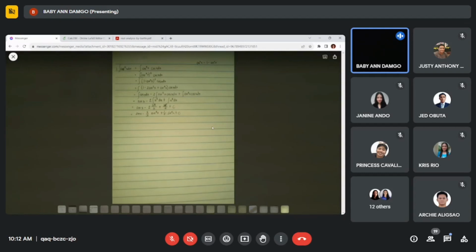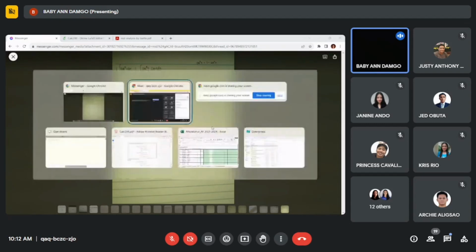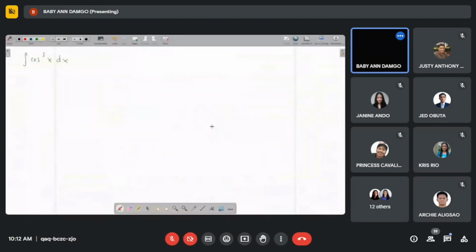So the integration of cosine to the fifth x dx. Okay, so it's correct. Okay, so let's solve. So, start with G. So, magkuha tag isa ka cosine. So, we have cosine x dx.